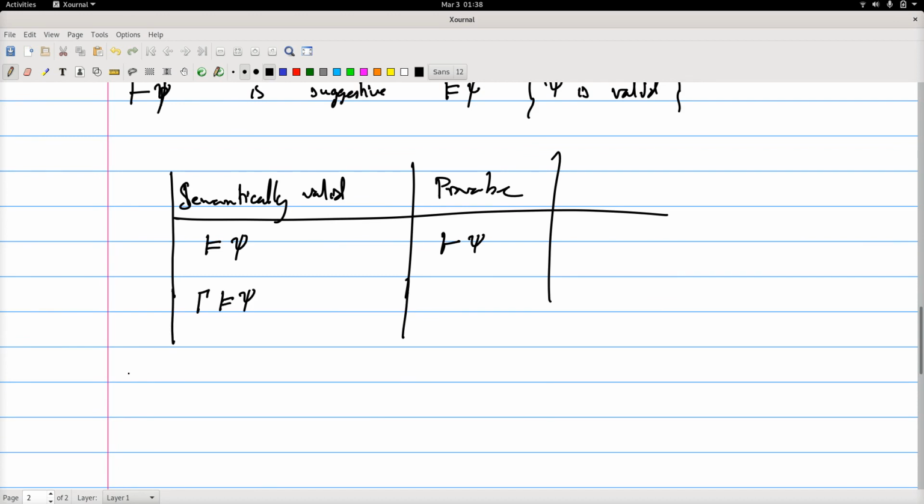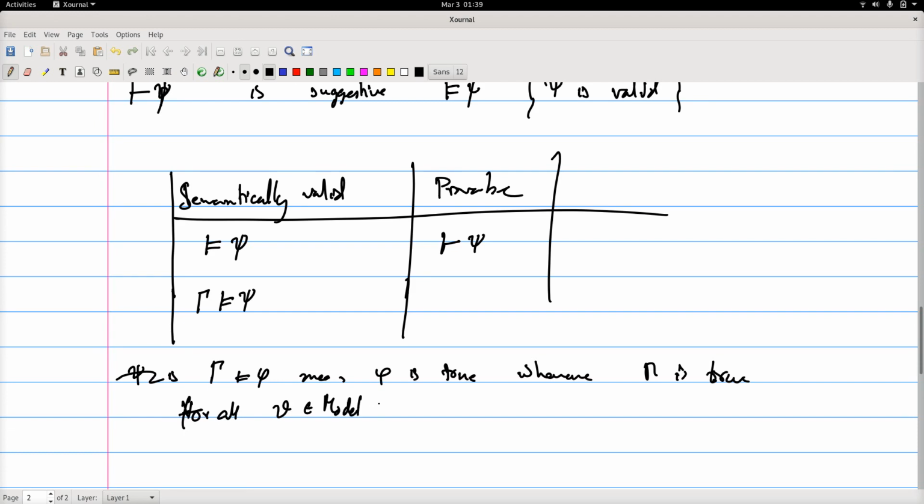Recall that this one means phi is true whenever gamma is true, or for all worlds V in models of gamma, phi is true in V.